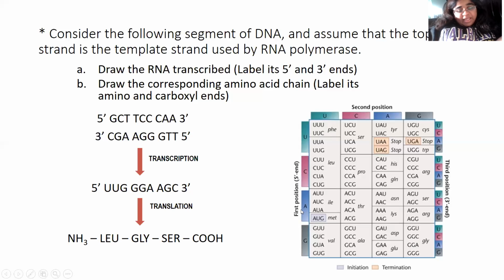AGC, so A, G, C, which is serine. And then remember when we always say the 5' end is our N terminus, the 3' end is our carboxyl end. So that's where it gets added on, okay?